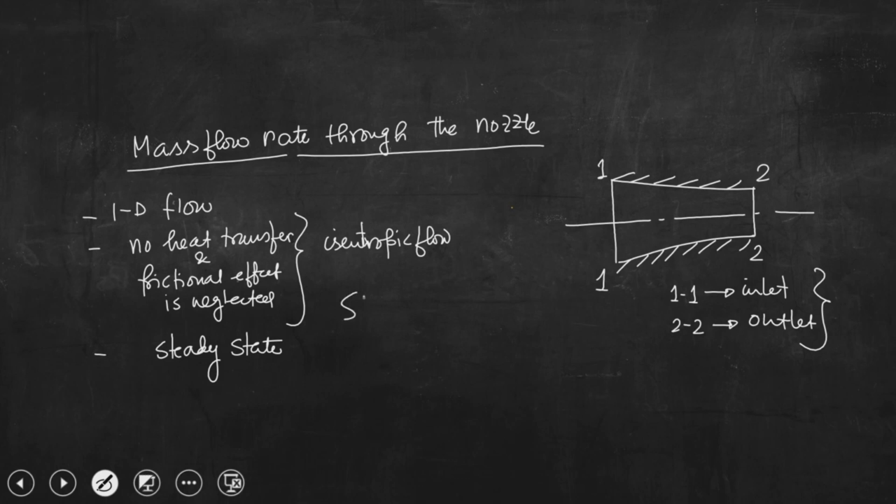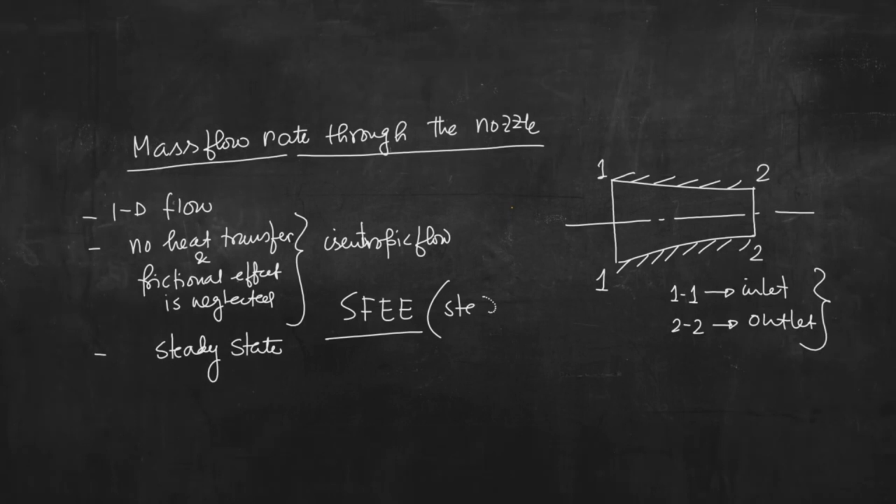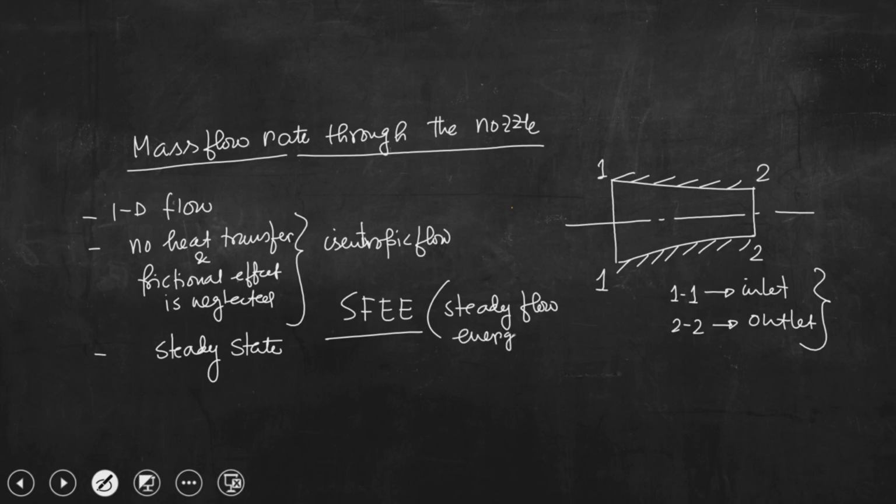So, if we apply the steady flow energy equation between section 1 and section 2, with that being the flow direction, what can we write? We are assuming that there is no heat interaction and work interaction.